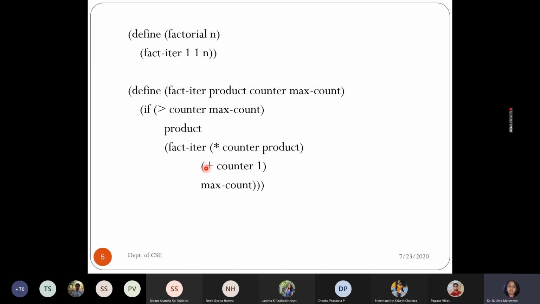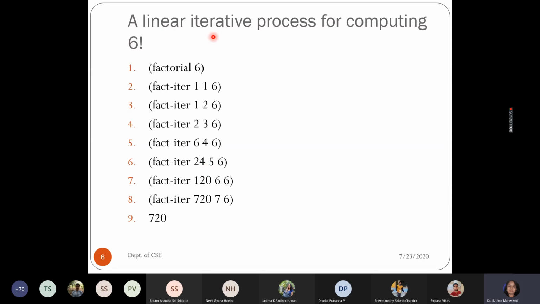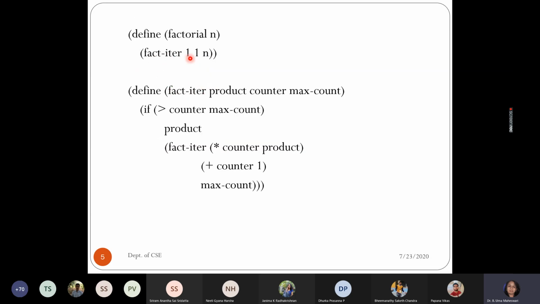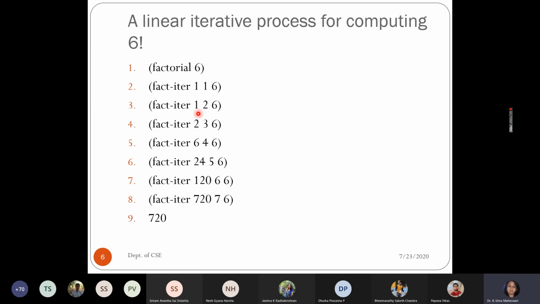And if you look at the process, what is the shape of the process? The shape is not expansion and contraction, but what is it? Let us look. For factorial of 6, first it calls fact iter of 1, 1, 6. Next time the counter is incremented, 2, 1, 6, then 3, 2, 6, then 4, 6, and so on.